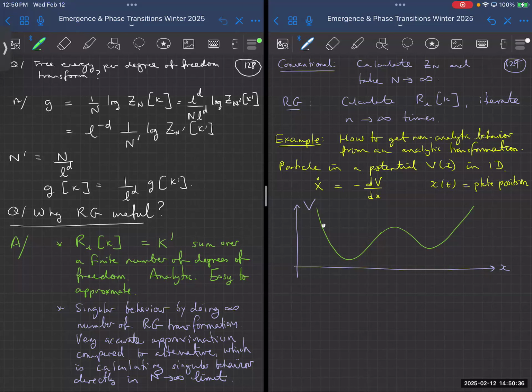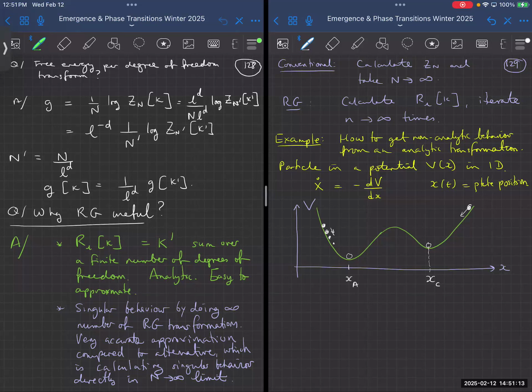Okay. So what's going to happen is if I start over here, then the particle will gradually roll down this potential well until it gets to this point over here. I'm going to call this point x sub a. If I started over here, for example, then the particle would roll down the hill and eventually end up at this point, which I'm going to call x sub c.